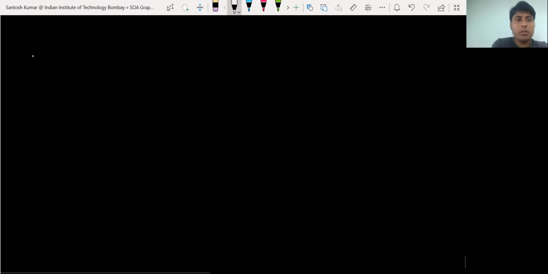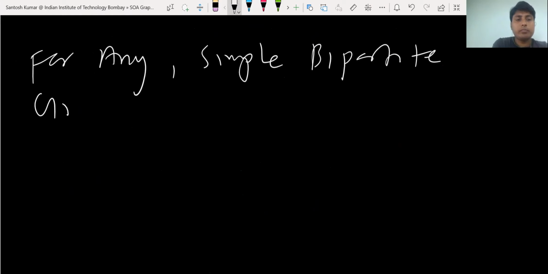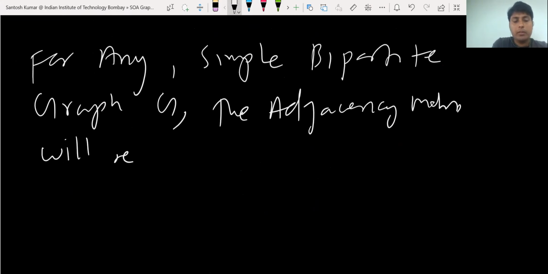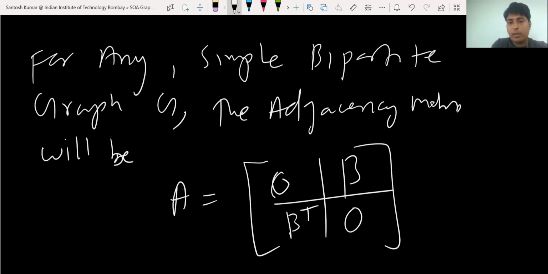So for any simple bipartite graph G, the adjacency matrix will be A is equal to 0, B, B transpose and 0.